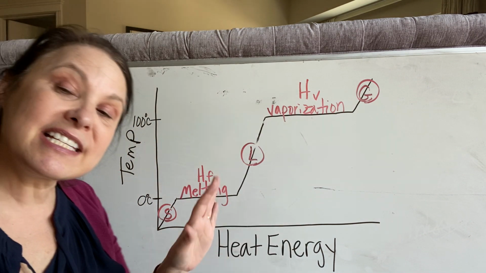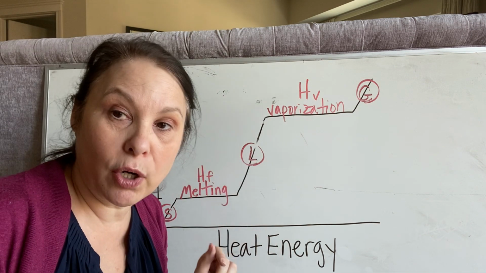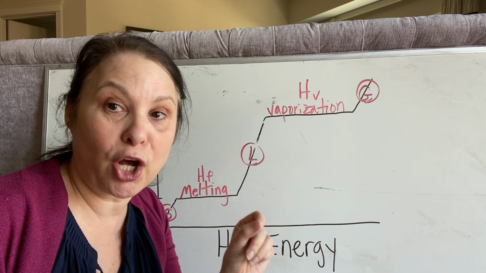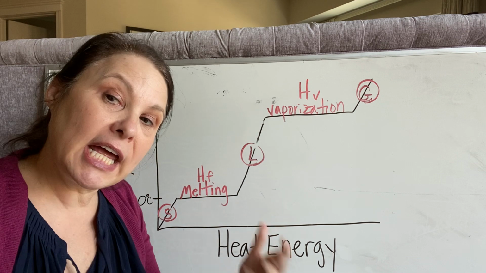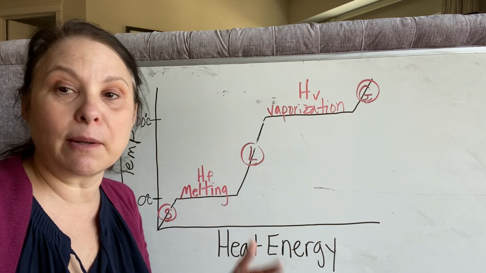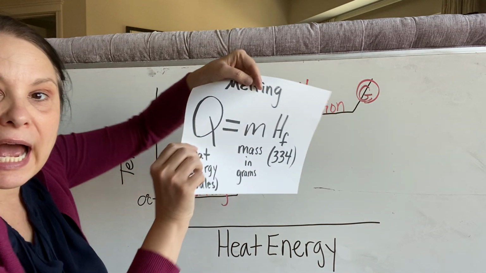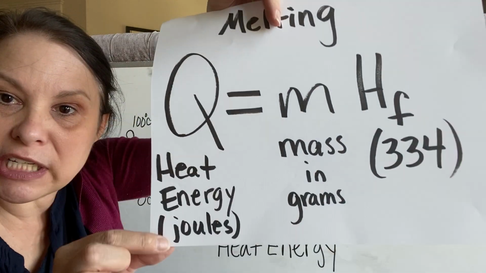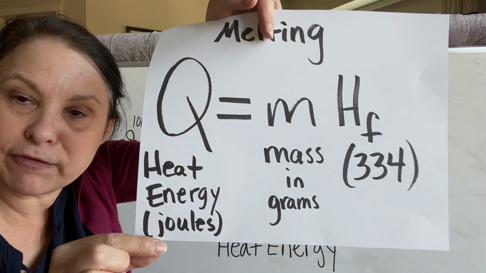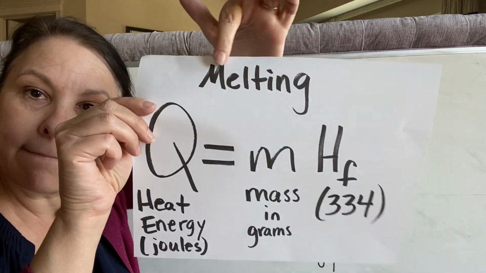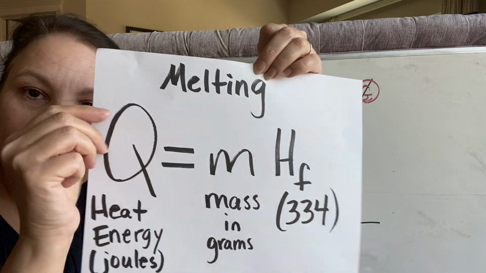Well, the scientific word for melting is fusion, F-U-S-I-O-N. So the heat of fusion is the amount of heat it takes to melt something. So if I want to know how much heat energy, anytime that says that, you're solving for Q in joules, does it take to melt something.